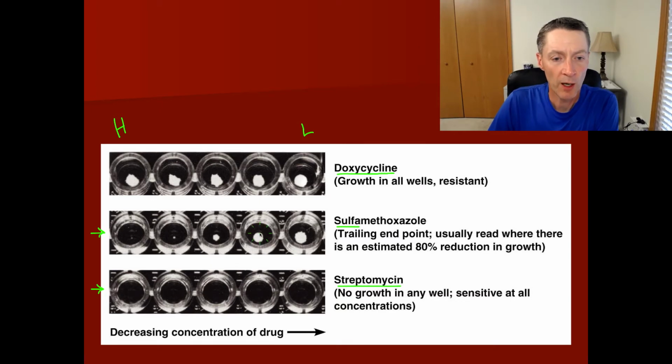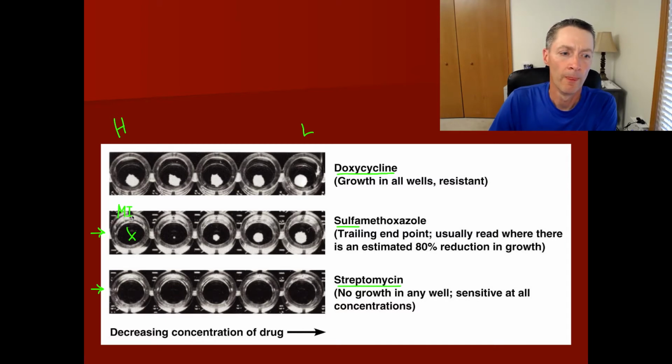And as I go across over to the left side, I see less growth and less growth. Hardly any growth here in the second one. And then over here in the first well, I see pretty much no growth. That right there, folks, is our minimum inhibitory concentration, our MIC.